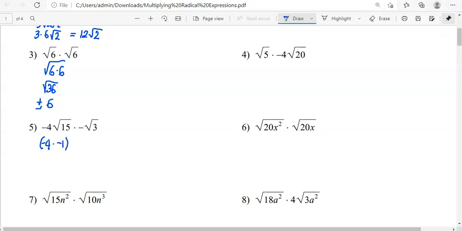Then, multiply the radicals. So, we will have square root of 15 times 3. The product of the numerical. Okay, so we have positive 4. Then, times square root of 45.